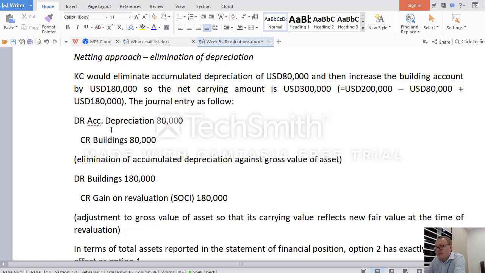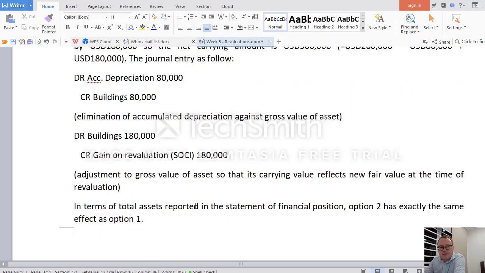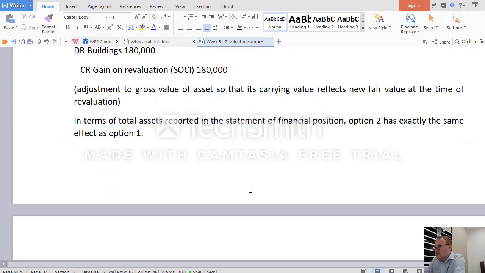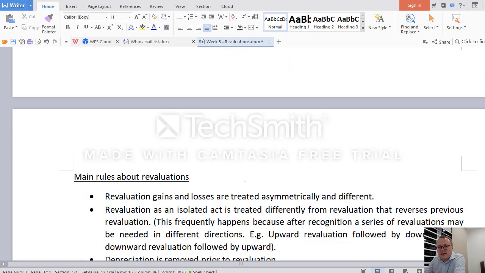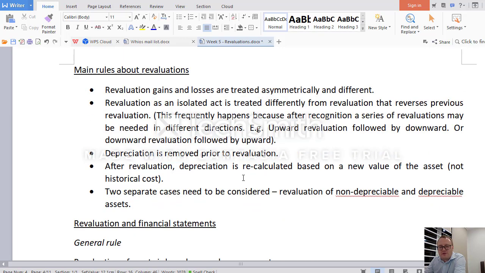I repeat, debit accumulated depreciation 80, debit buildings, the combination of this, 100,000, and credit gain on revaluation 180. So all matches. In terms of total assets reported in the statement of financial position, both methods, option 2 and option 1, give you the same result. So what are the general rules about revaluation?